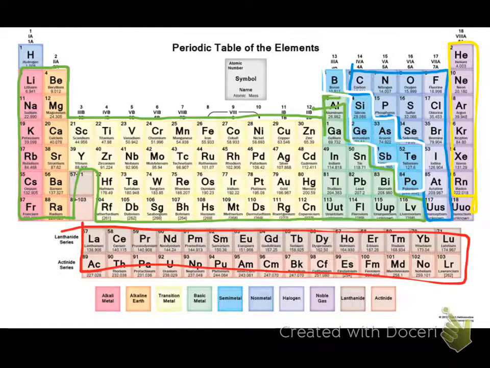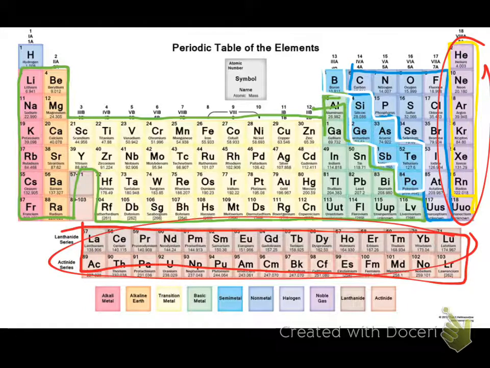Of these, the 2 groups that were completely unknown in Mendeleev's time are the noble gases and the lanthanide and actinides. So we'll talk a little bit about those. The noble gases were added to the periodic table after the 1894 discovery of argon by Strutt and Ramsay.